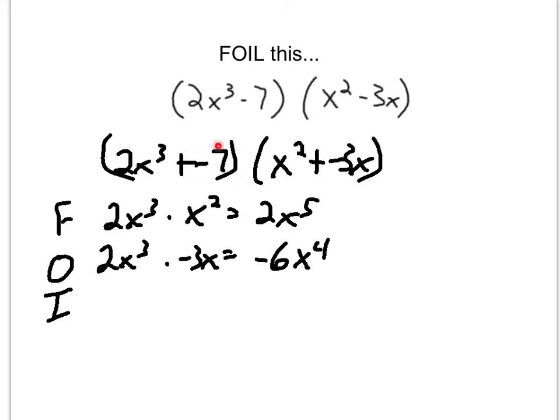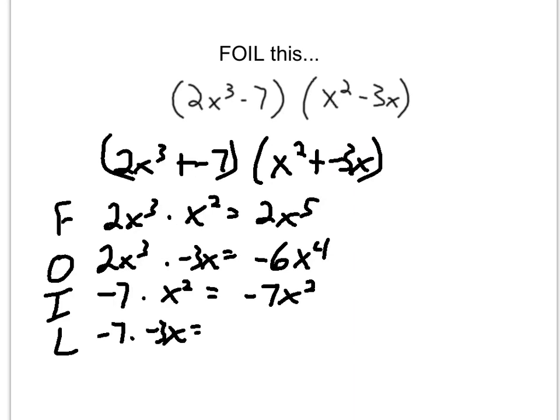Inners, I'm going to take negative 7 times x squared, which is negative 7x squared. And then my lasts, negative 7 times negative 3x. Negative 7 times negative 3 is 21, and then x. And we just add all those terms together.